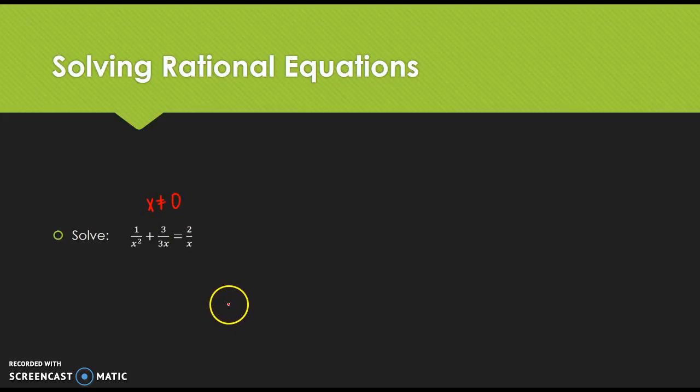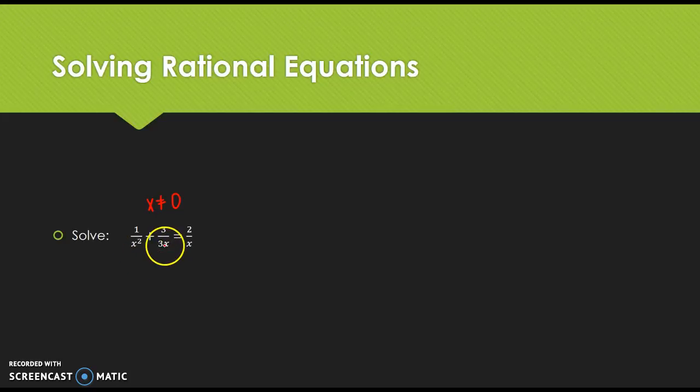To find my common denominator, I have to look for something that all of these denominators go into. So if I start with x squared, it does not go into 3x, and it does not go into x. But x goes into x squared, and x goes into 3x. So as long as I get something that these two go into, I have my common denominator.